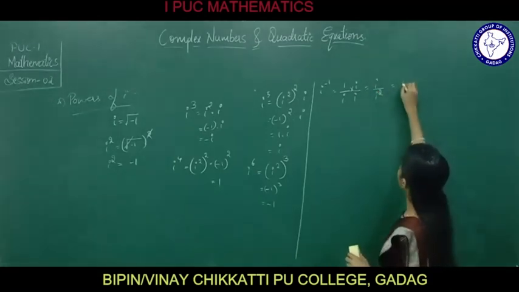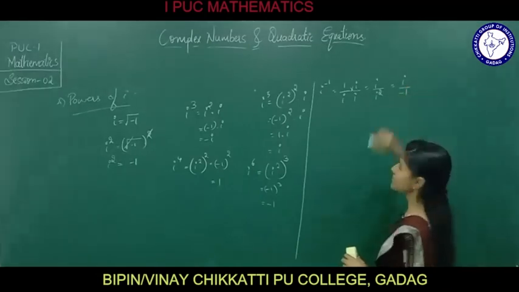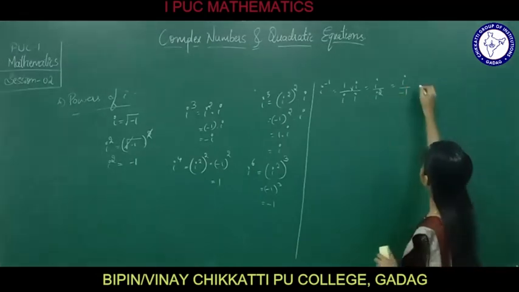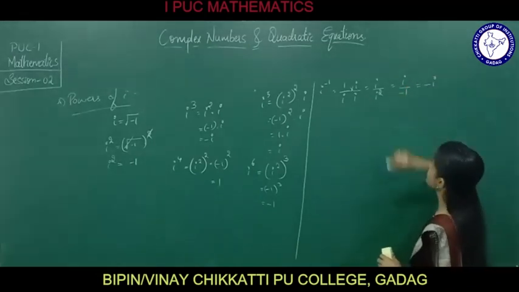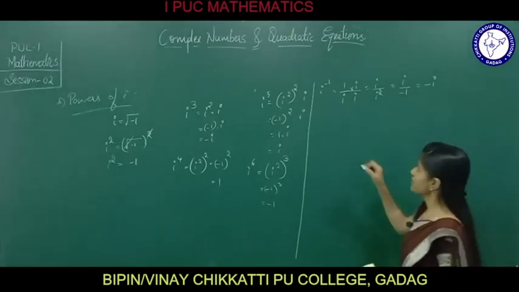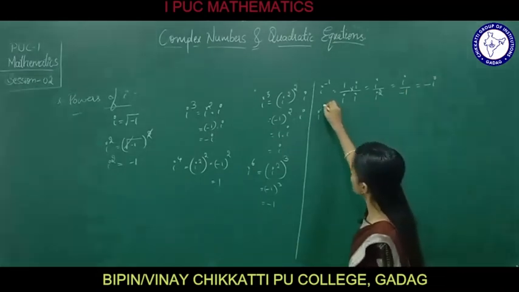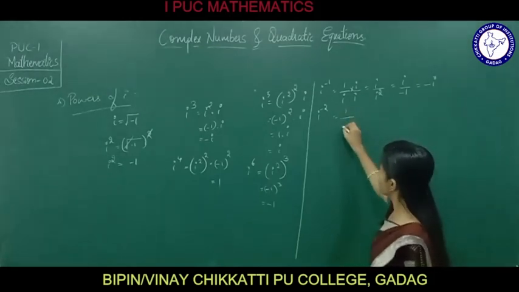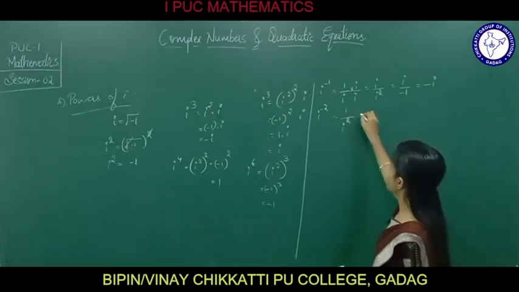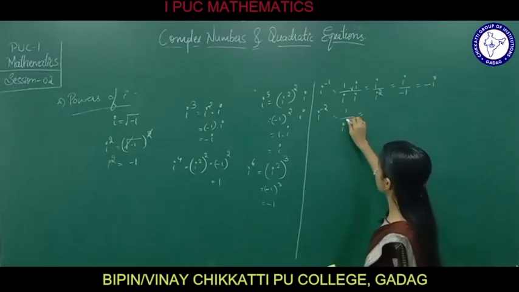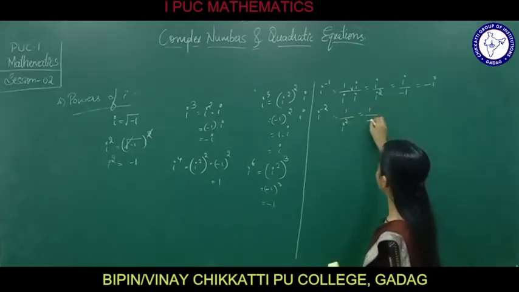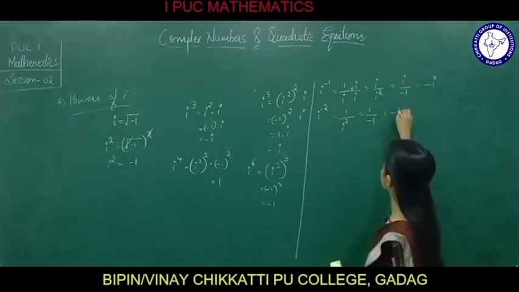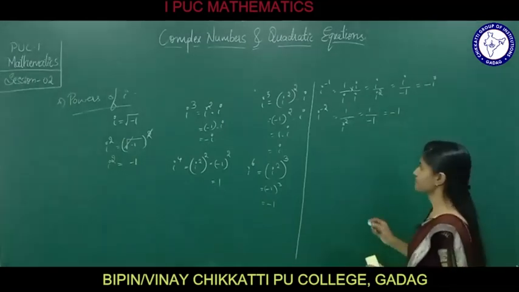That is i divided by the value of i square, which is -1, which we are going to get as -i. What if it is i raised to -2? We are going to write it as 1 divided by i square. What is the value of i square? That is 1 divided by -1, which is equal to -1.